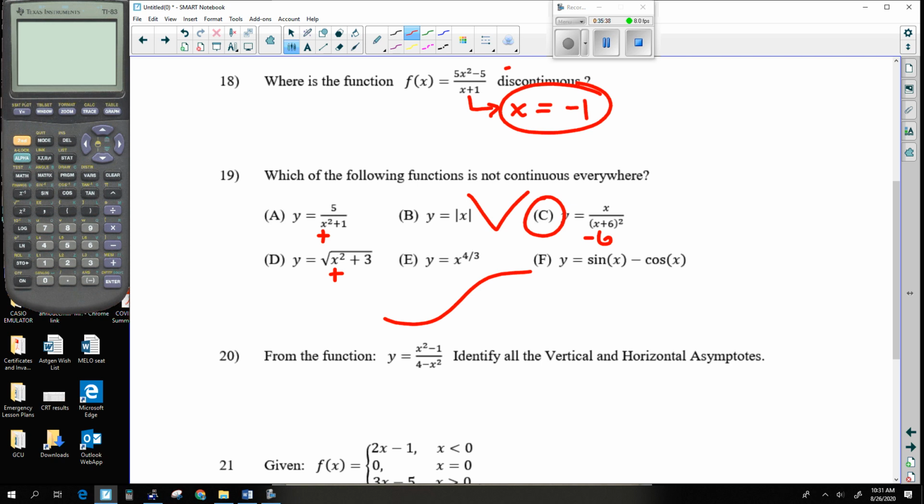And then a sine is always between -1 and 1. But regardless, I'm not creating any illegal mathematics, creating a denominator of 0 or anything like that. So the only function that is not continuous everywhere is that C option.